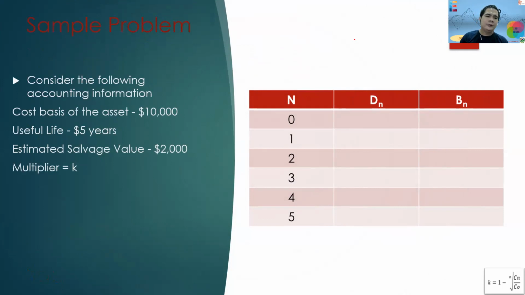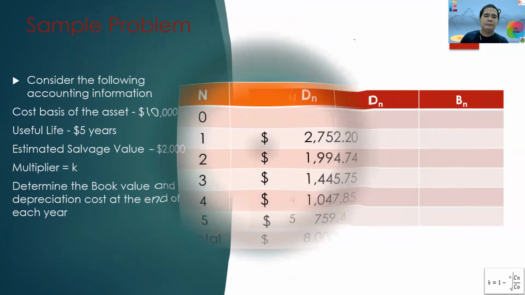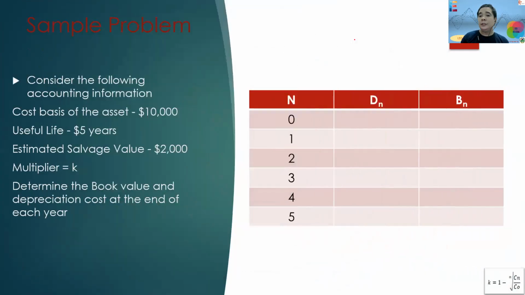So given that this is your problem right now. Number one, let's solve for K. So in the declining balance method, we need to get the alpha from the multiplier. For this problem, we need to get the K. So therefore, the K is equal to 1 minus, how many years? 5 years.